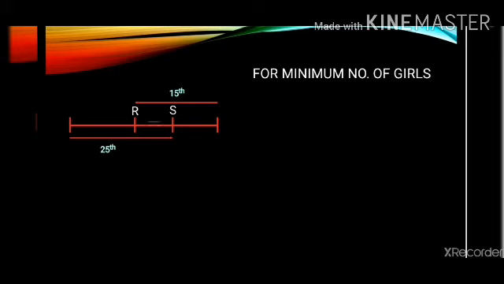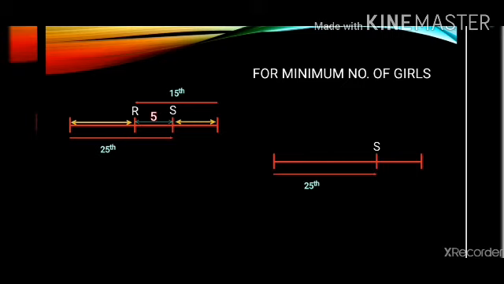Now to calculate the minimum number of girls, I'll make the diagram again. Now in this diagram you have to find out the number of people before R and after S. Here, to find out these numbers, I am simplifying the diagram for you.